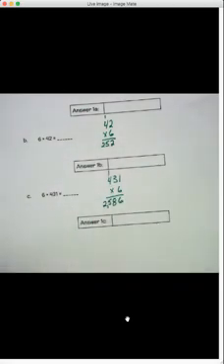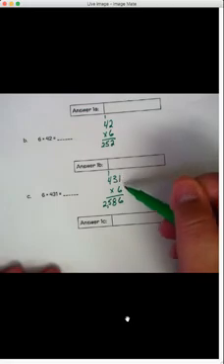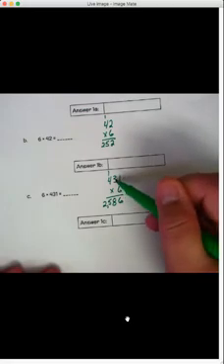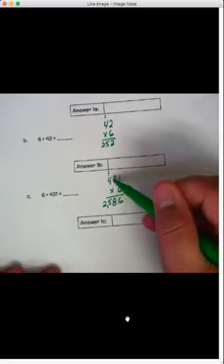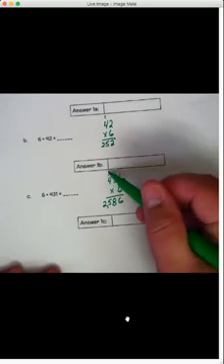Go ahead and work on yours while I'm working on mine. You can look at mine when you get finished. Okay, the answer is 2,586. Let's see how we got it. 6 times 1 is 6. 6 times 3 is 18. We put our 8 down and carry our 1. 6 times 4 is 24. Plus we add that 1.